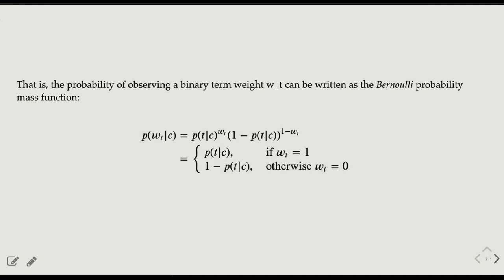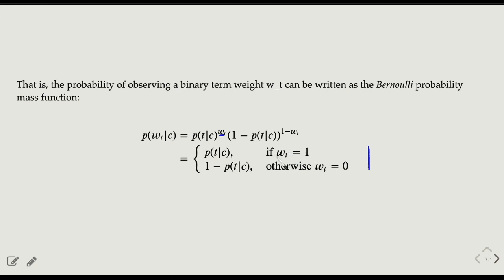So let's first look at this Bernoulli probability mass function, which is actually a very simple function in the binary case. So the weight Wt is a binary representation. So Wt, the weight of a term t, is either 1 or 0, right? Whether it appears or does not appear in that document.